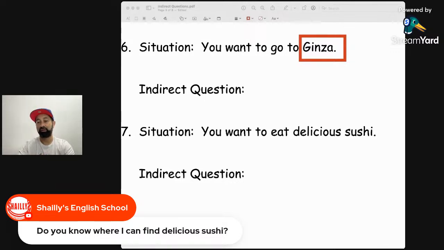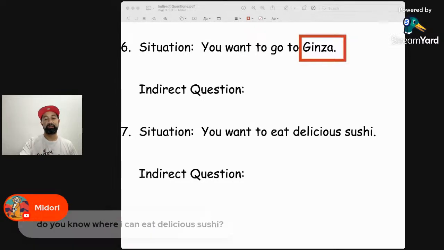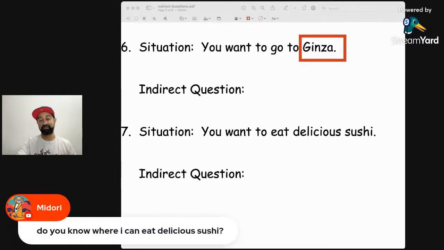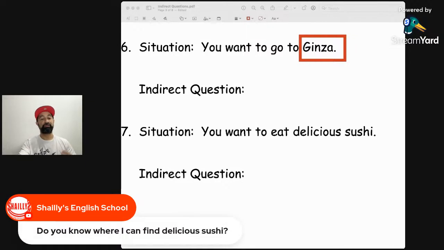Do you know where an excellent sushi restaurant is? Or can you tell me where a good sushi restaurant is? So we want to know the location. I think that's very fine. But I think most native speakers are going to ask, do you know where I can eat delicious sushi? Or do you know where I can find delicious sushi? Find in this situation equals eat.